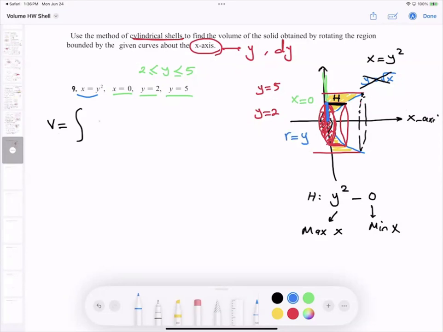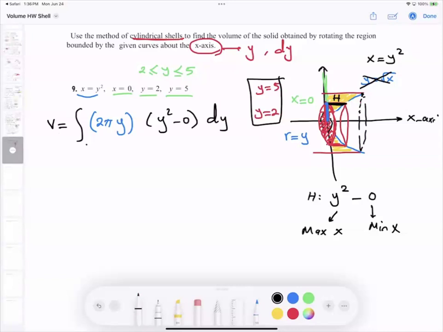Here you have your circumference, which is 2 pi r or 2 pi y, times the height, which is y squared minus 0. Then you take the integral with respect to y. You already know that your y is bounded between 2 and 5, so you have the upper bound and lower bound. The rest is just calculation.